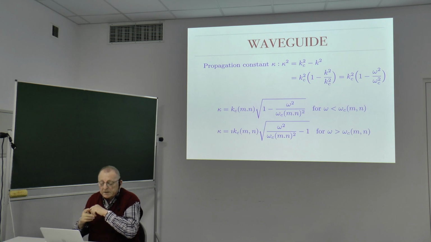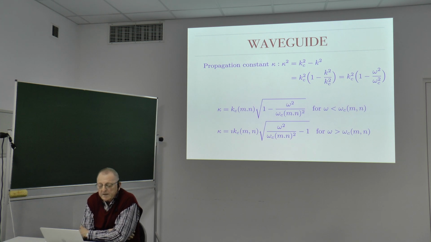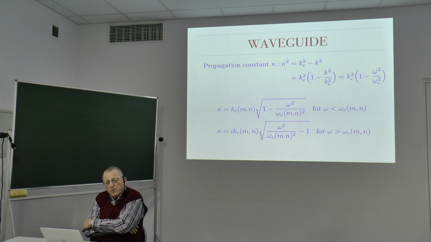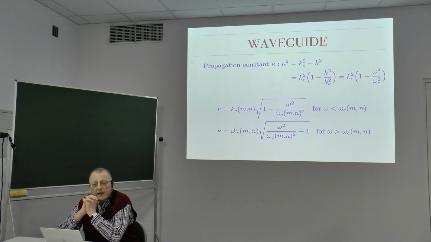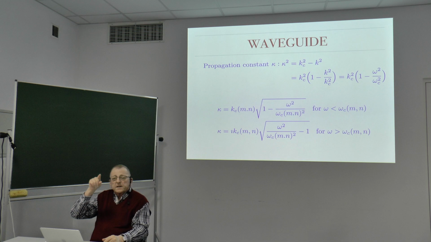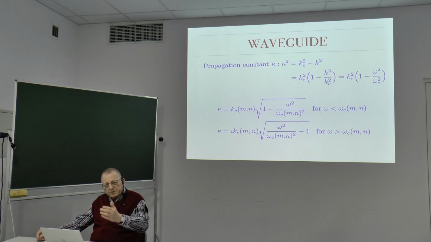So it turns out that kappa changes sign depending on whether the frequency of the mode is larger or smaller than this band number omega m n. If the frequency is smaller than omega m n, then kappa is purely real, and since the dependence of the field along the z direction is e to the power minus kappa times z, that means this is a damped solution.